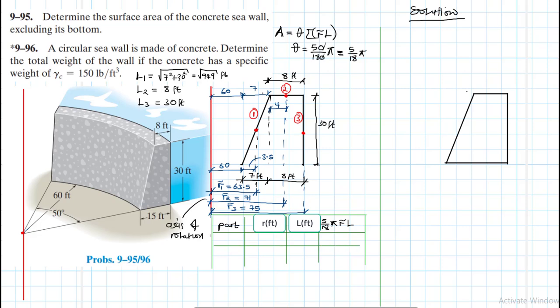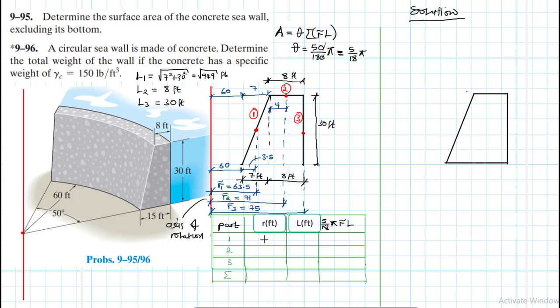We have one row, the second one, the third one, and the fourth thing for summation. I think this is good enough. We can go ahead and fill in the table. Alright. So what do we have? We have part 1, part 2, part 3, summation.